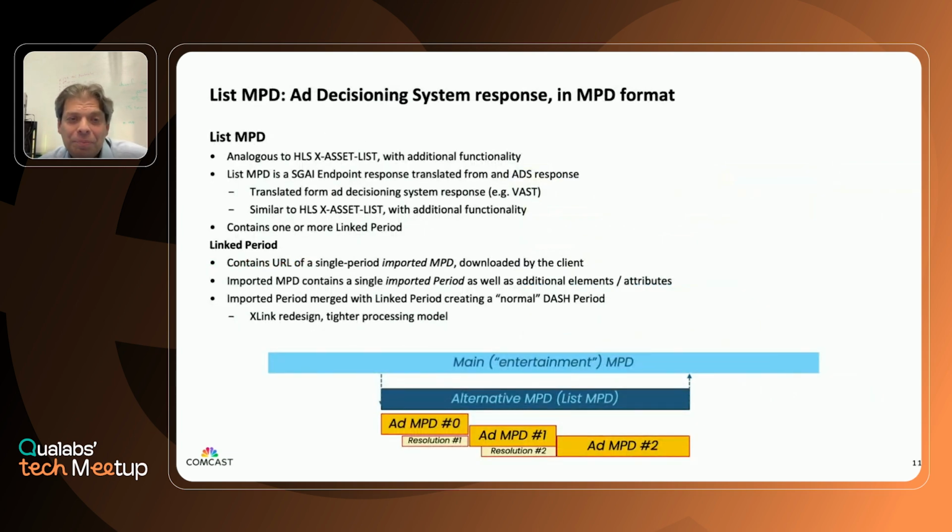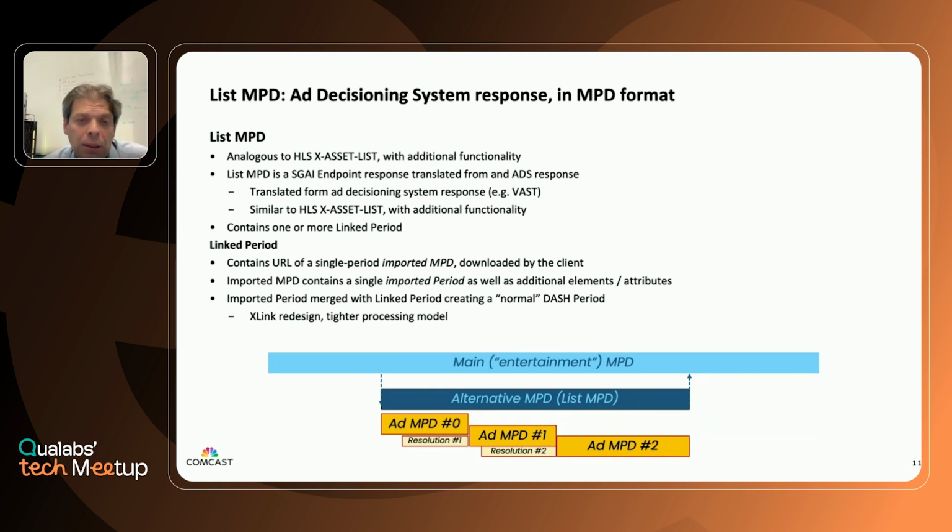List MPD. This is an extremely complicated way of saying: please play this list of MPDs. It's very simple, similar to the asset list, as we said, and the way it is generated is typically through an SGA endpoint.